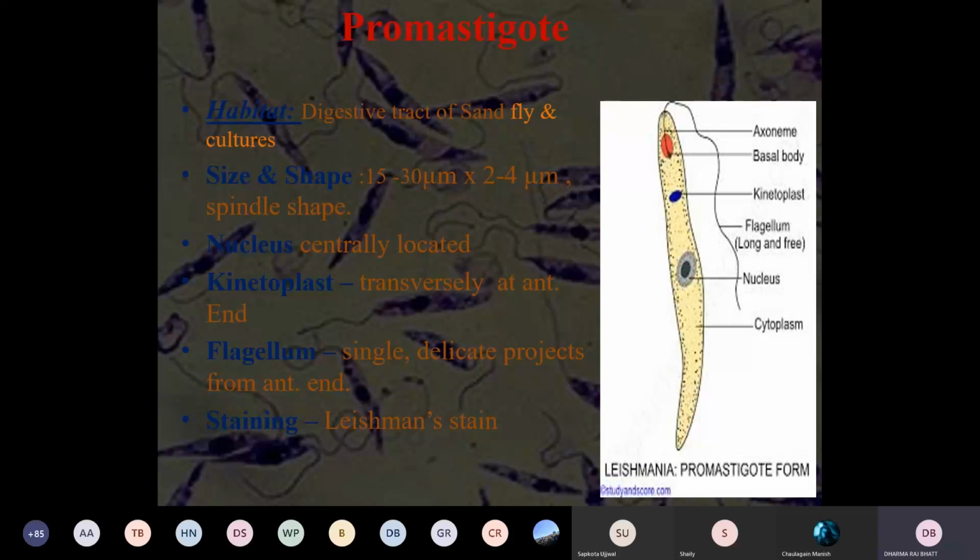We should be looking for the amastigote forms in the clinical samples for diagnosis of the disease. Right? So these are the two important morphological forms of Leishmania donovani, as well as Leishmania tropica, Leishmania brasiliensis, etc.